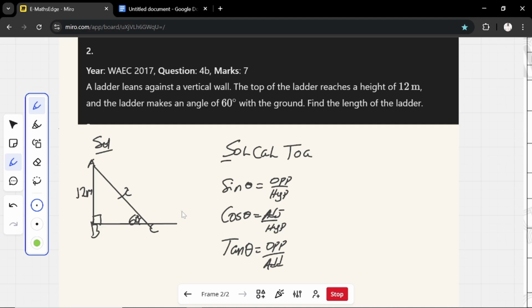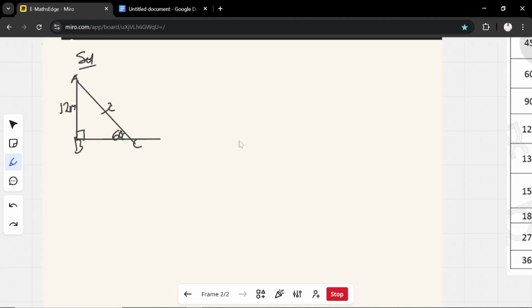Coming down to tan theta, theta is 60, opposite is provided, adjacent is not provided, but we are not requested to find the adjacent side. Rather, we are asked to find the length of the ladder, which is the hypotenuse side. So the best formula to use for this is sine theta.